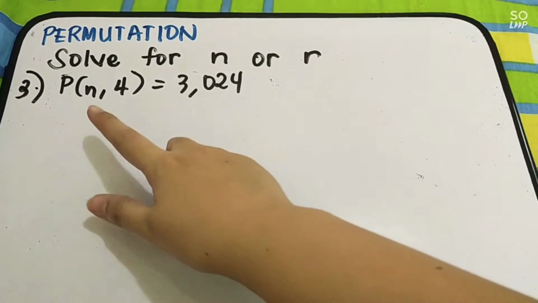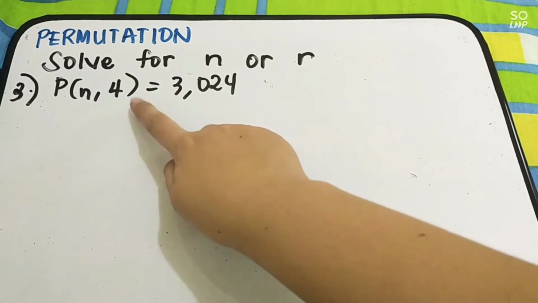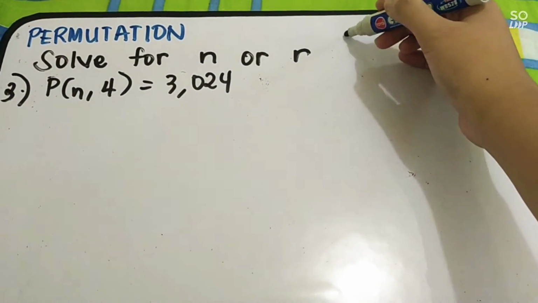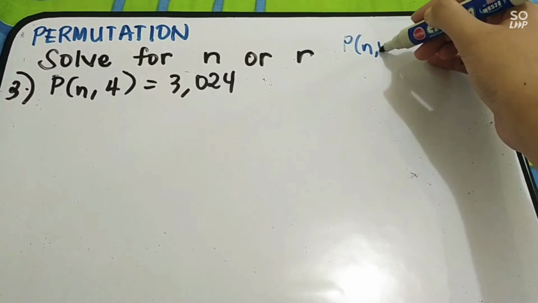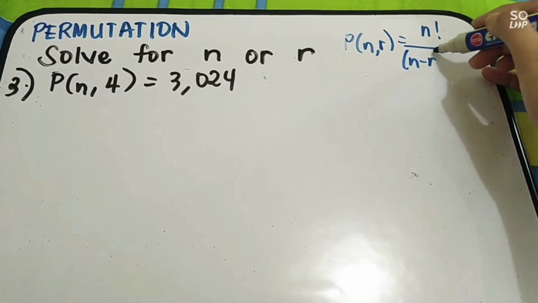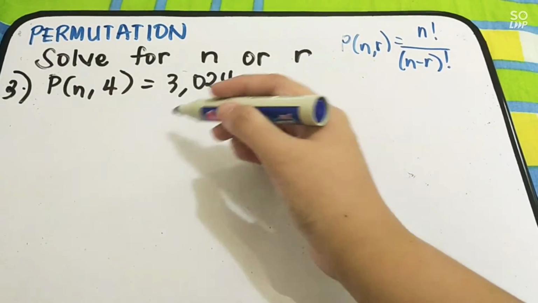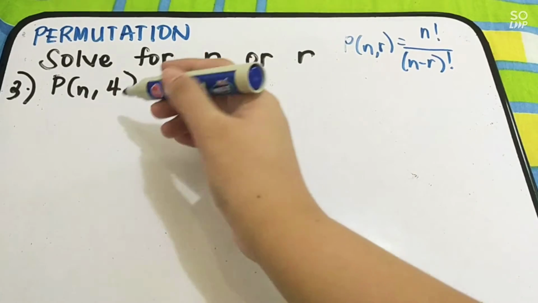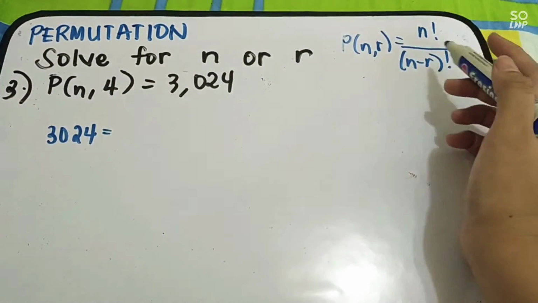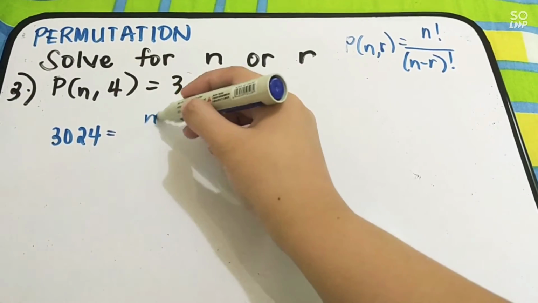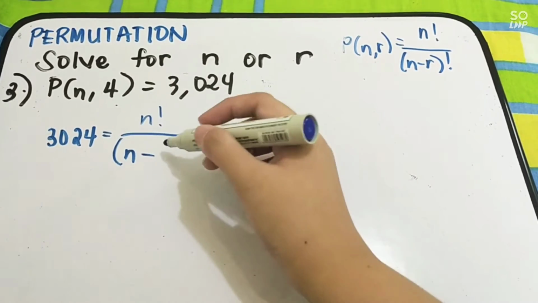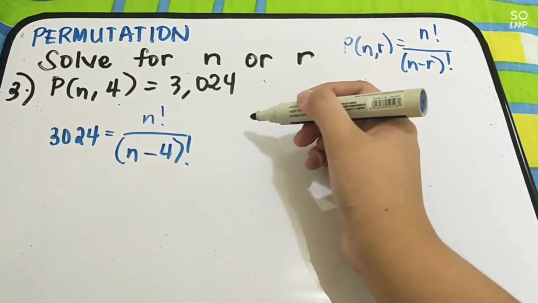Number 3. Permutation of n objects taken 4 at a time is equal to 3024. Again, we have your formula of P(n,r) is equal to n factorial over n minus r factorial. So, substitute. 3024 is equal to n factorial over n minus 4 factorial.